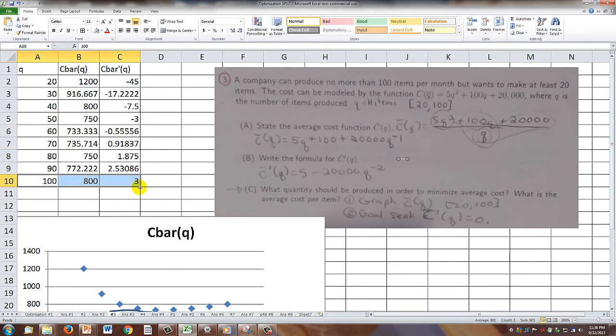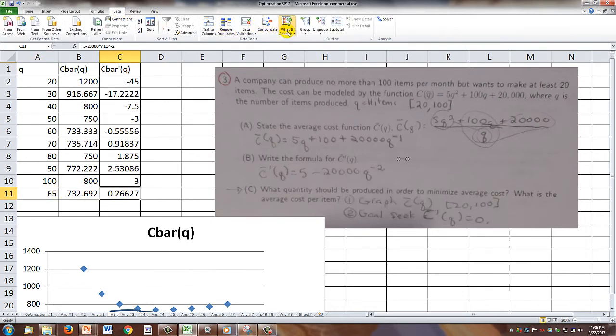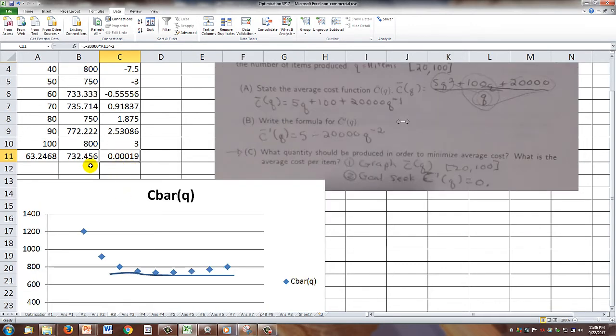So I'm going to pull this down and put a guess number in of about 65, and then I'm going to goal seek this to 0. Goal seek the derivative to 0. We want the slope of the tangent line to be 0. That's what we're doing. And it doesn't go completely to 0, that's fine.